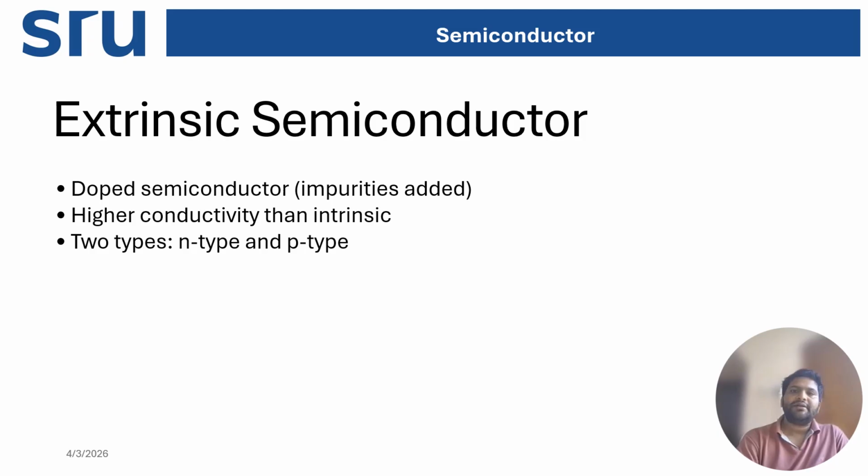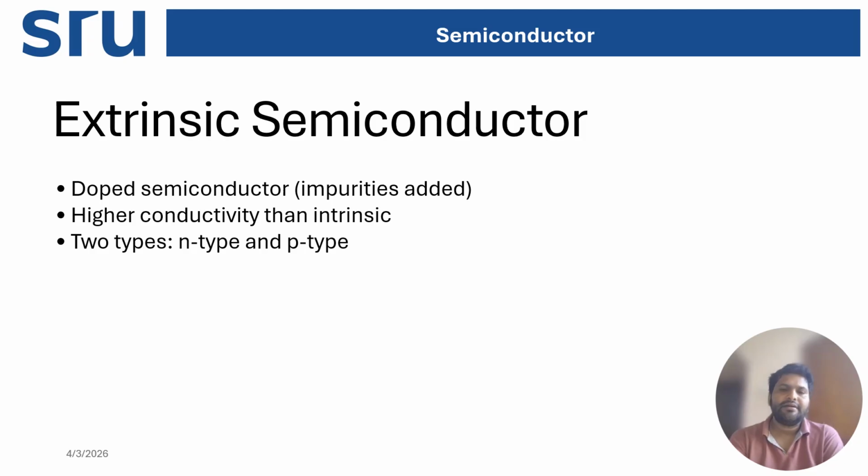So the maximum electrons are known as majority charge carriers, and the minimum holes are called minority charge carriers. Because electrons carry negative charge, and electrons are the majority in it, it is called the N-type semiconductor.